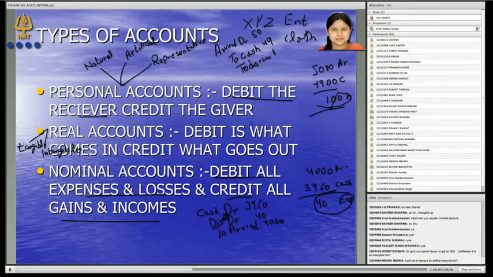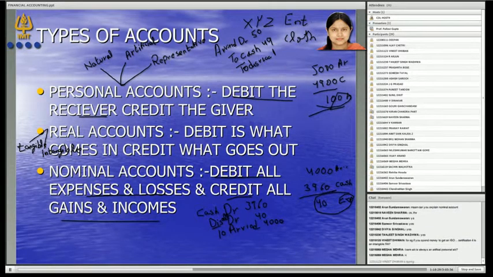Yes, bank account will always be an artificial personal account only. If you spend money to get an ISO certification, see, real account is related to the assets. So an intangible asset is a real account.